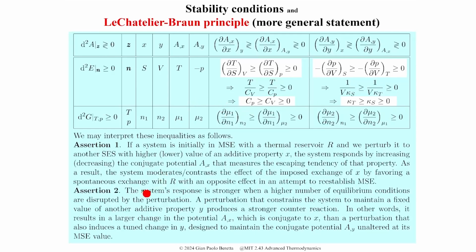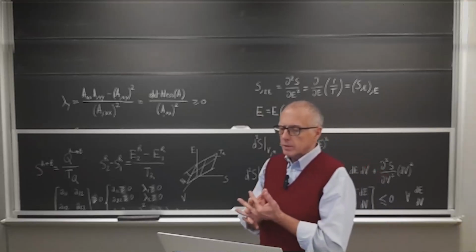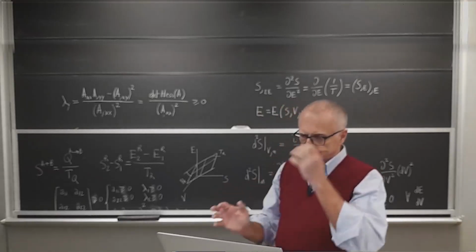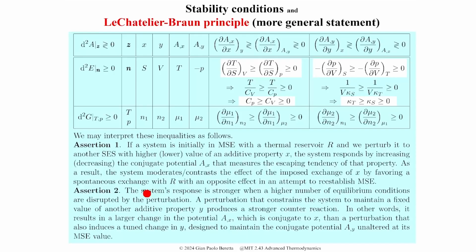So what's the reading that Le Chatelier-Braun does? What is the difference between these two derivatives is what is kept constant. I change the entropy and measure what temperature change occurs when I keep volume or when I keep pressure fixed.